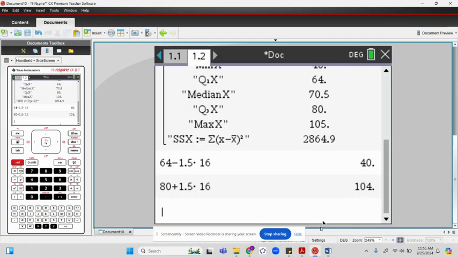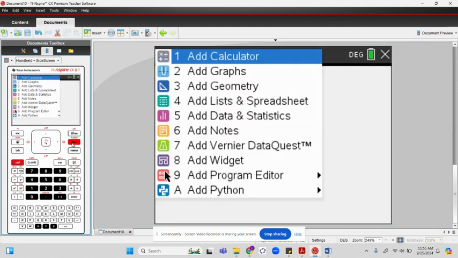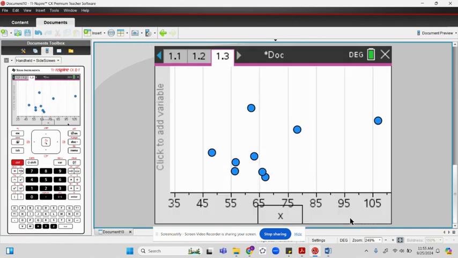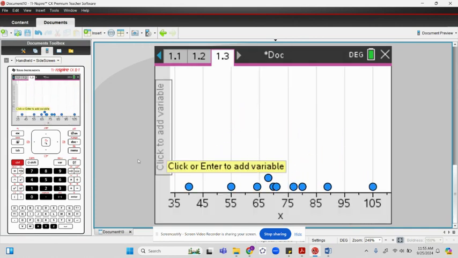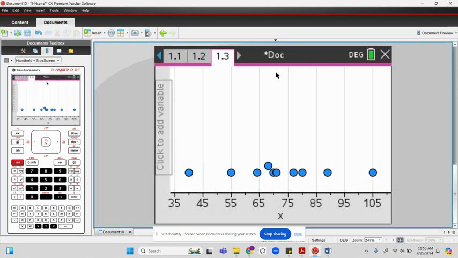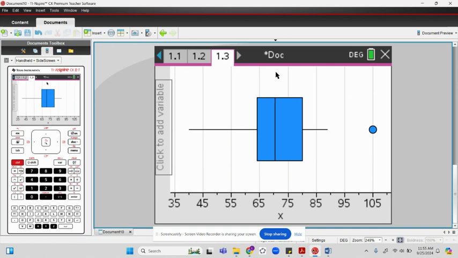You can also create the box plot in your calculator. Control, add page, data and statistics, add X, and then menu, plot type, box plot. And look what the calculator does. The same thing.